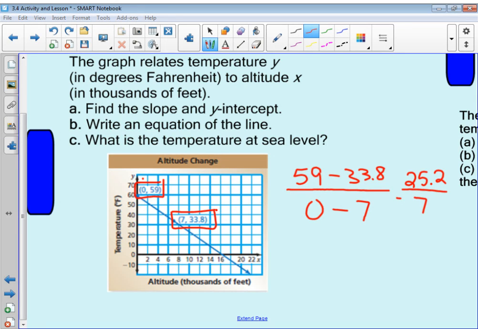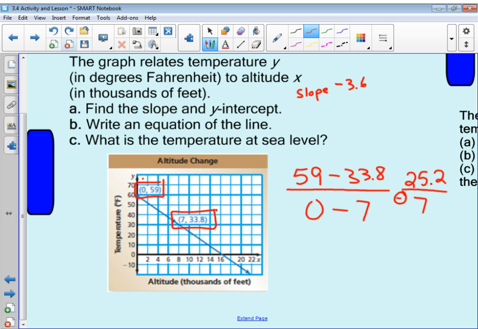So our slope, and I know that you guys aren't used to working with decimals for slope, but we can write them out that way. Our slope is going to be 25.2 divided by 7 is 3.6, and that's a negative 3.6 because we have one negative there.